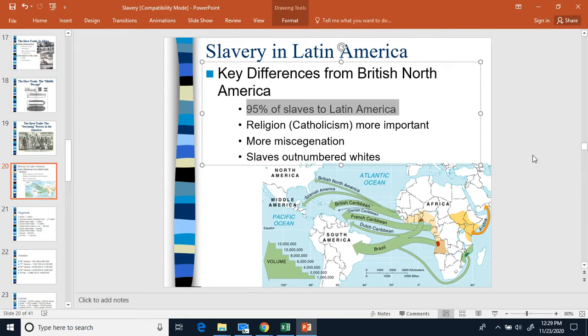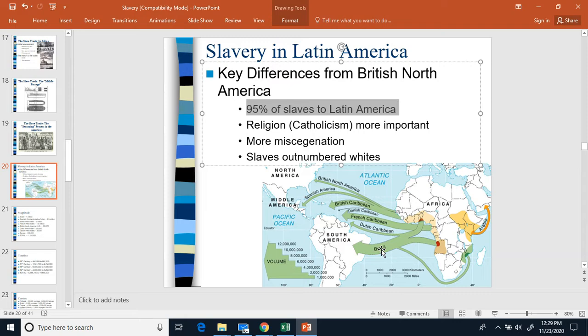So what is Latin America? Well, I already told you that it's south of the United States. Latin America simply refers to the nations south of the United States that are Catholic nations. Why the word Latin?